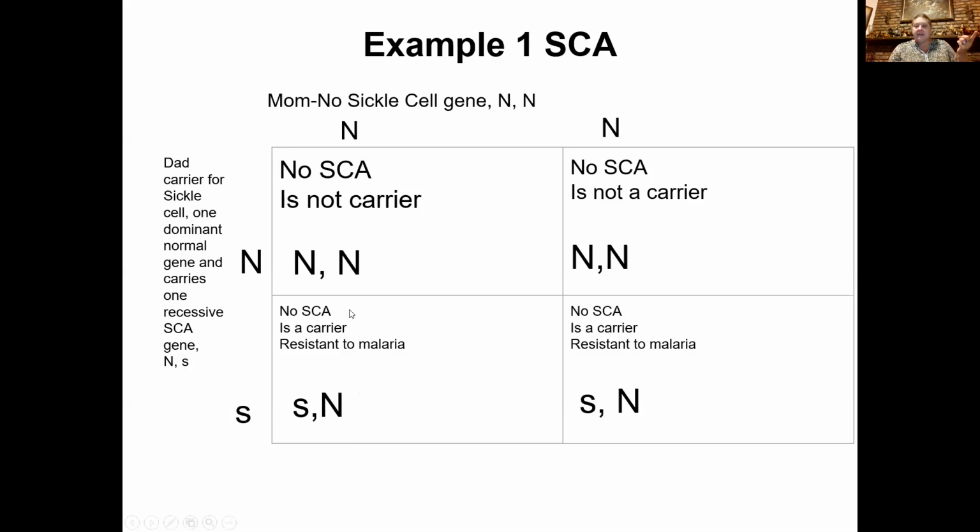They do not have sickle cell anemia, although they will produce a certain amount of sickle-shaped cells. And they are both carriers for the disease. In other words, they can pass this particular gene on to their children. So 50% of these kids have resistance to malaria. These two do not.